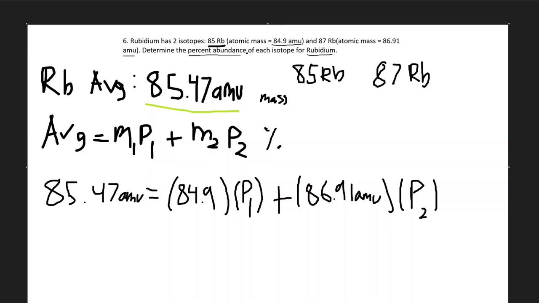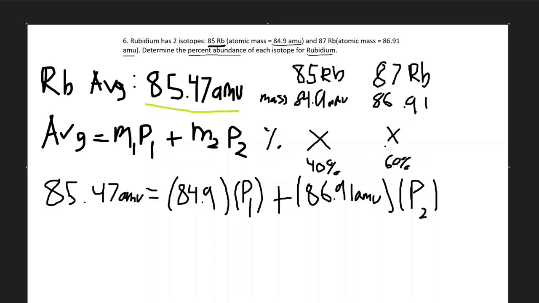So we know the mass is 84.9 for that one, 86.91 for the other. Now, to find the percent, we can classify them as x and 1 minus x. Both of these have to add to 100%, right? So we can classify this as x, and let's say this is like 40% of the isotope, and this is 60%.